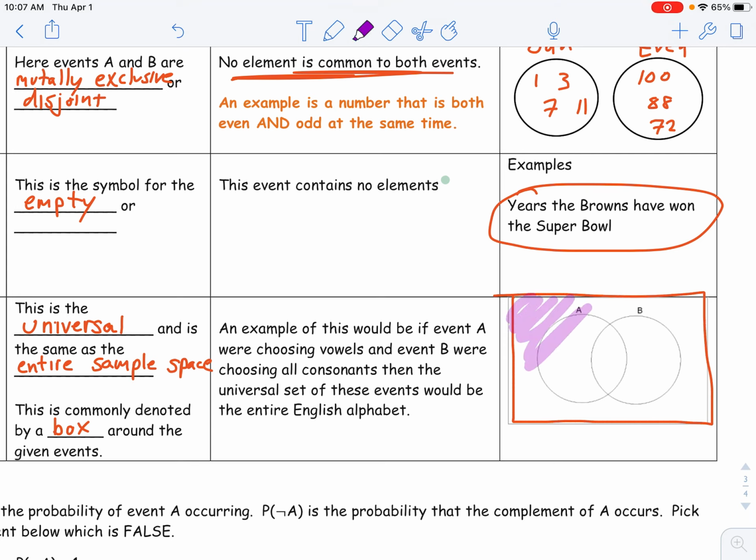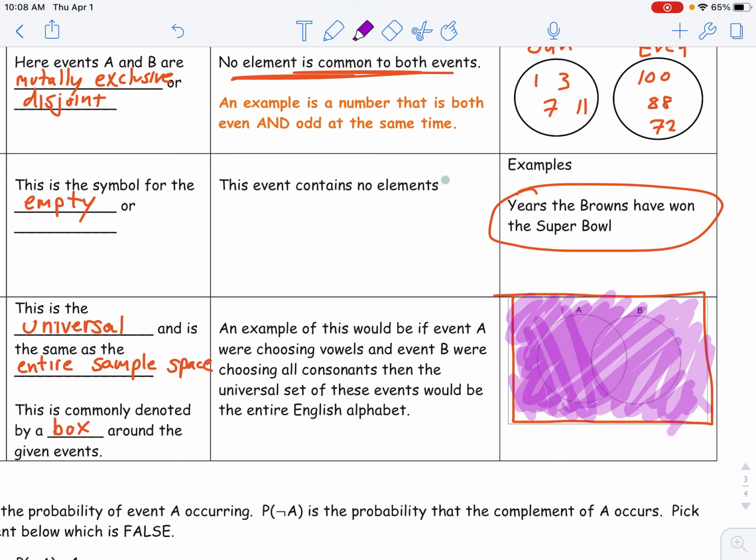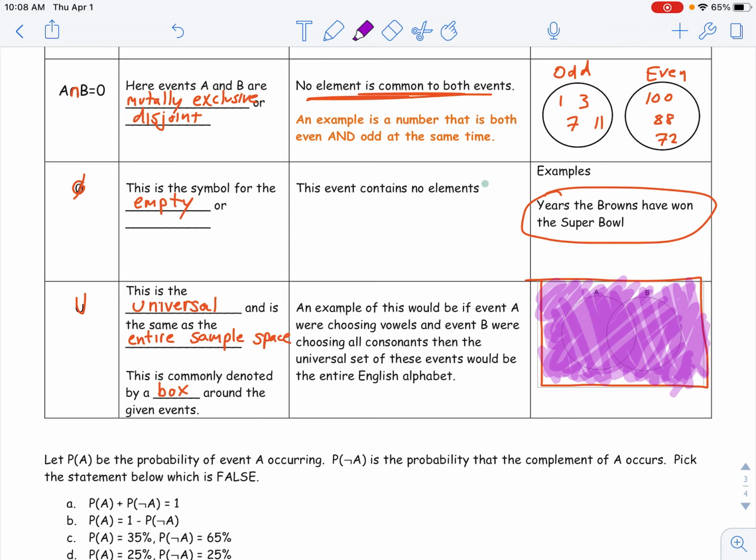It's the entire thing. It's anything that can be chosen. So it can be outside of event A, it can be outside of event B. It's the entire sample space.